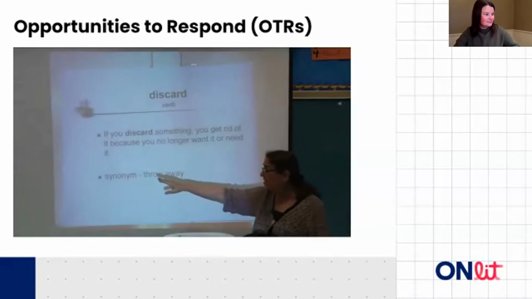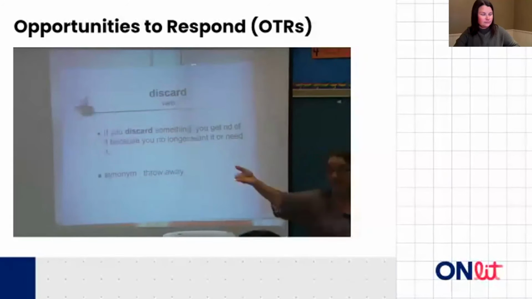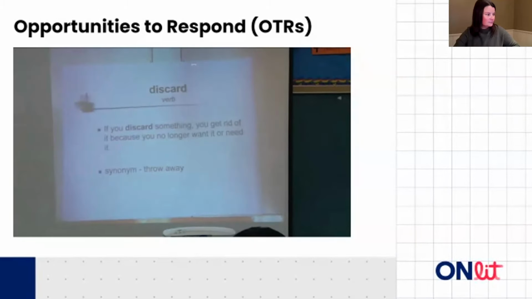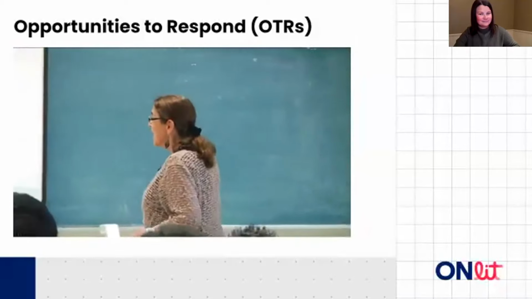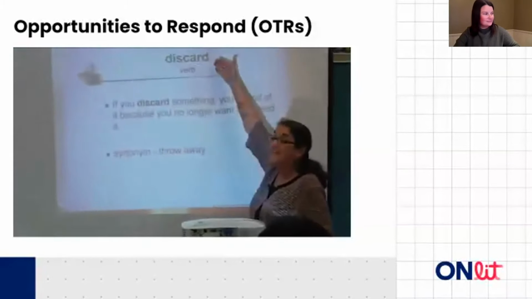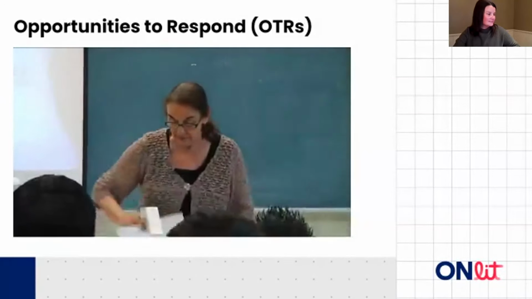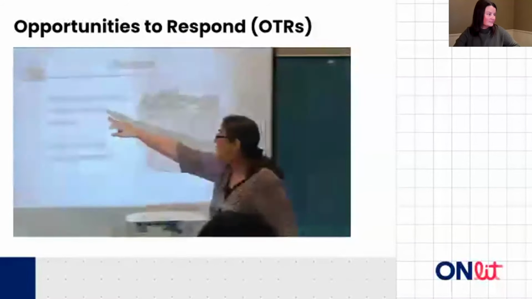Discard. In fact, the synonym is what, everyone? Throw away. So if I clean up this room, as you two did this morning, you cleaned it up, and they found some paper and some pencils that needed to be thrown away. They did what, everyone? They discarded them. Hey, and so looking here, and read it with me, everyone, and starting here.